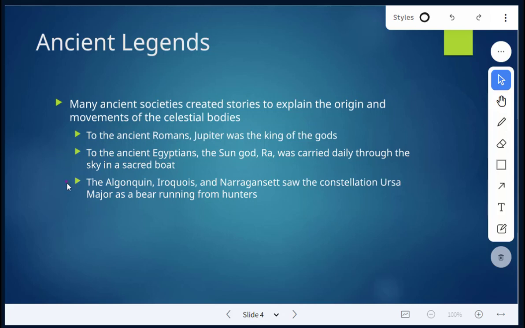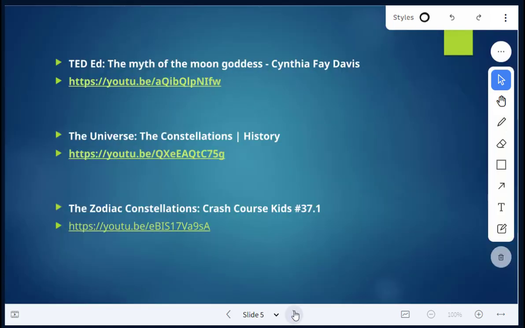The Algonquin, Iroquois, and Narragansett saw the constellation Ursa Major as a bear running from hunters. So lots of different myths and legends.